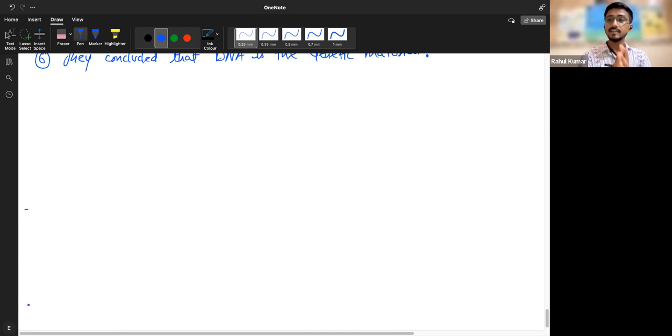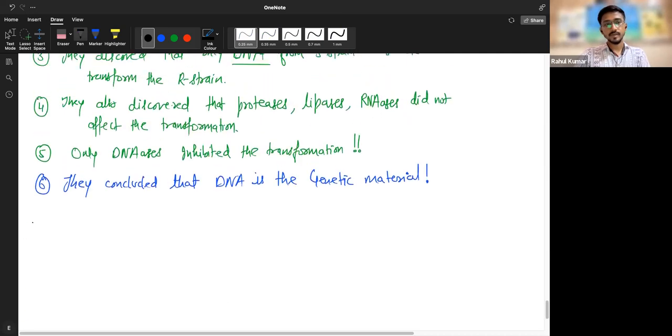If there is any loophole, then that experiment will not be accepted as a concrete proof unless and until you plug all the loopholes and make it a foolproof experiment. So that's where there were two people who gave the unequivocal proof, and it is known as the Hershey-Chase experiment.